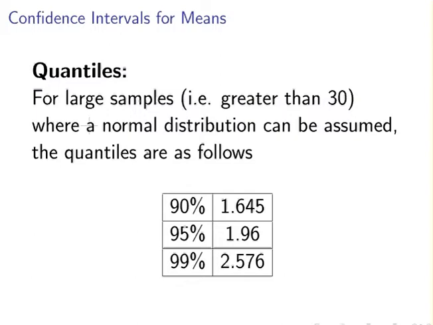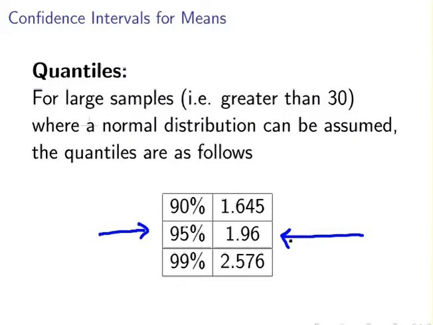If we're looking for a 95% confidence interval, which is by far the most common case, the quantile is 1.96. So we're going to use this one here. If we're dealing with 95% confidence intervals, the relevant quantile in that case is 1.96.